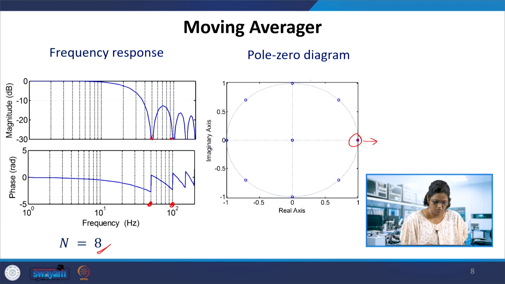It very well rejects these. The frequency response shows that 50 and 100 and then 150 and so on will be rejected. DC would pass, and the attenuation increases as the frequency goes beyond 10, 20, 30 and so on, as shown here.